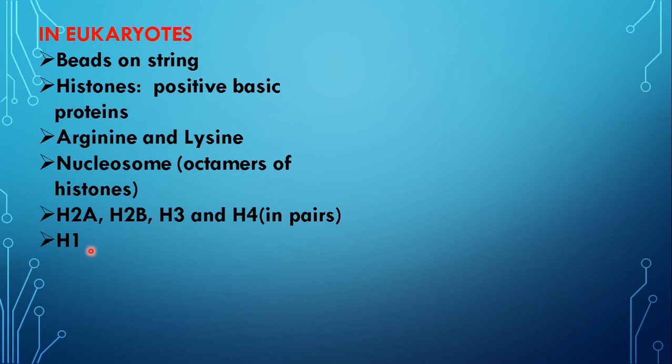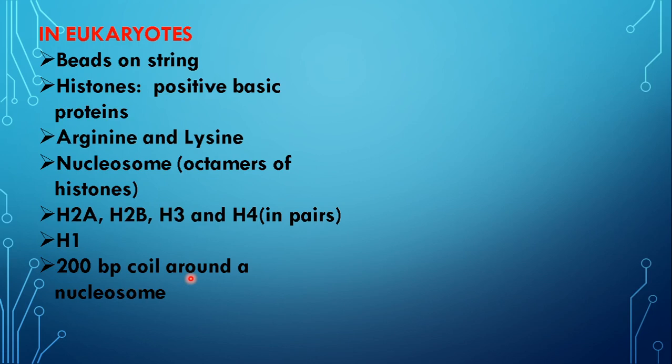In addition, they have one more, that is H1. But H1 does not form a part of the octamer. It lies outside the octamer, so we keep it separate. It has been seen that around each nucleosome, 200 base pairs coil.